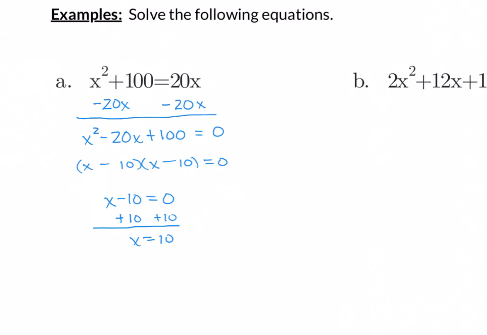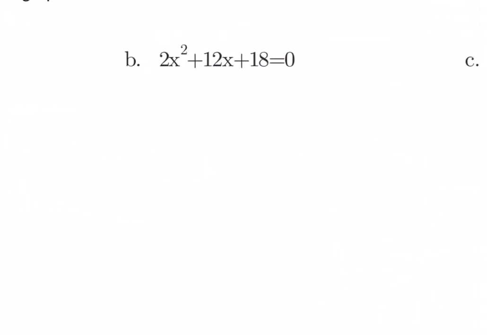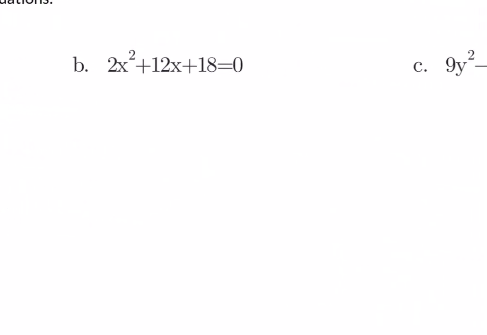All right, let's try a couple more. Let's come over to B. First thing I notice about this is that we have a common factor of 2. If we factor out the 2, I am left with x squared plus 6x plus 9.